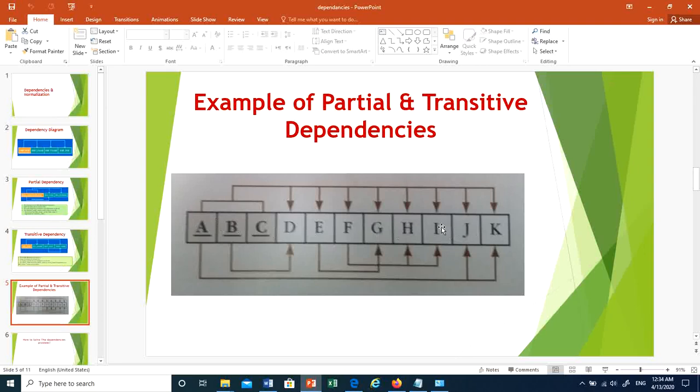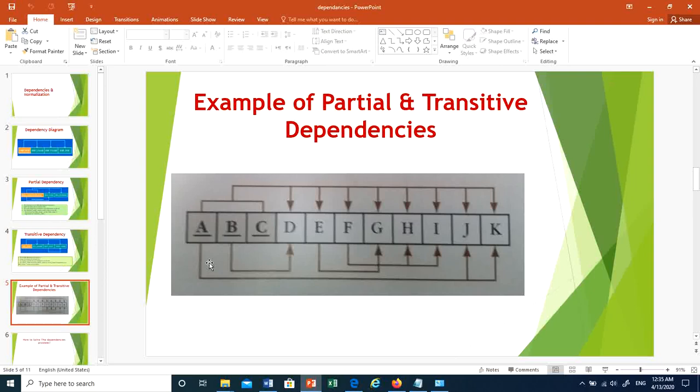This is understandable, that a primary key, which can be one attribute or two attributes or three attributes, in this case we call them composite key, can determine others. But what you notice also, if you look at the bottom of this diagram, you will see that there are two examples of partial dependency and two examples of transitive dependency. Where are the partial dependencies?